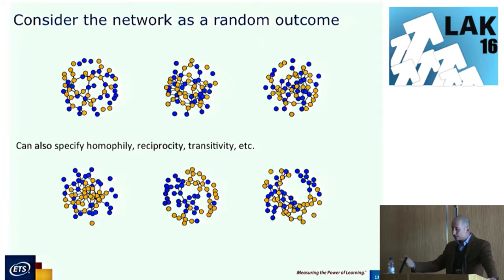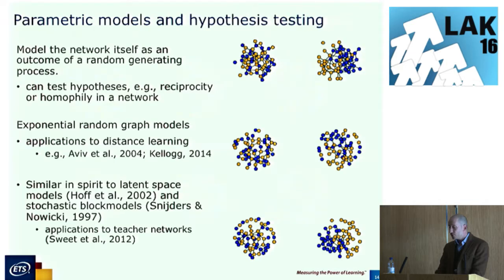Similarly, reciprocity, if you have directed networks, and transitivity are statistics that you can specify in a generating process. The advantage of setting up that generating process is that you can now test hypotheses about whether reciprocity is an important factor in this network or homophily is an important factor in this network.